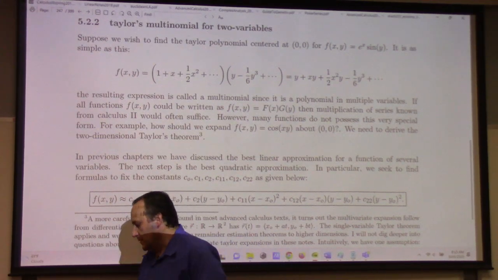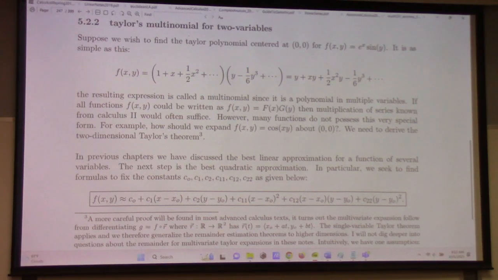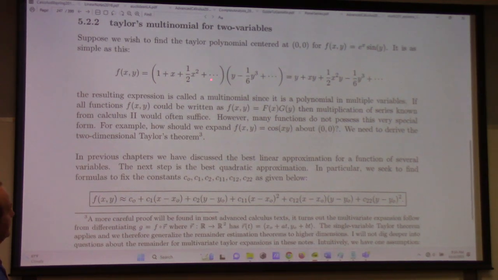All right, so this is day 2 of power series, and I want to complete the thought that we began yesterday, which is that we can take a function of 2 variables. Here's an example of one, e to the x times sine y, and I can expand the x power series back in terms of calc 2 and the sine of y power series in terms of calc 2, and it actually makes sense to multiply these.